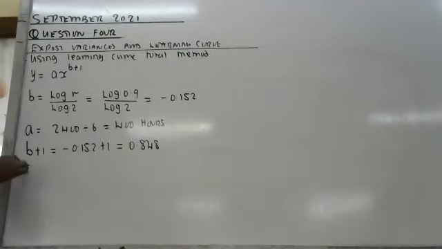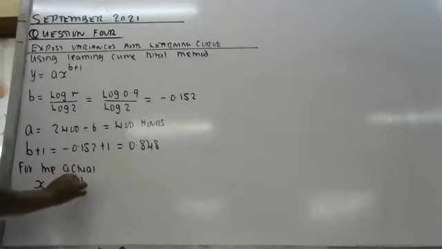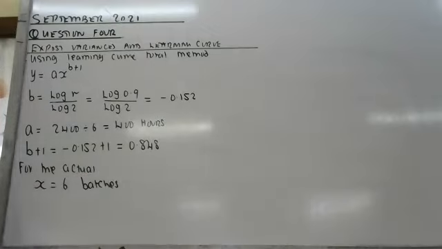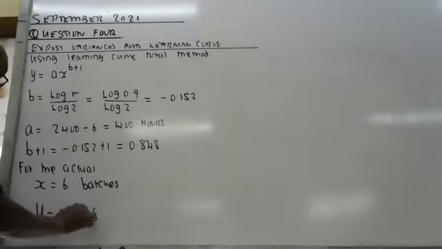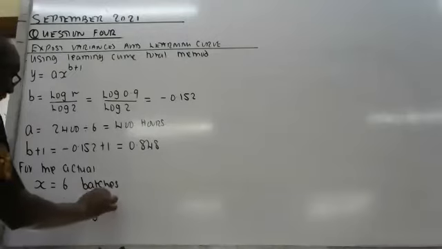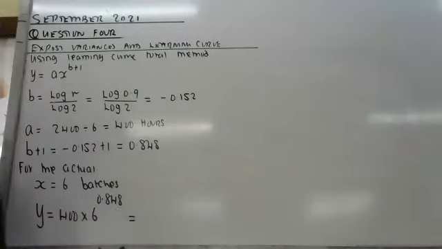So for the actual, X is equal to 6 batches, and because the very first unit is part of this, we just go straight and say Y is equal to 400 multiplied by 6 raised to power 0.848.